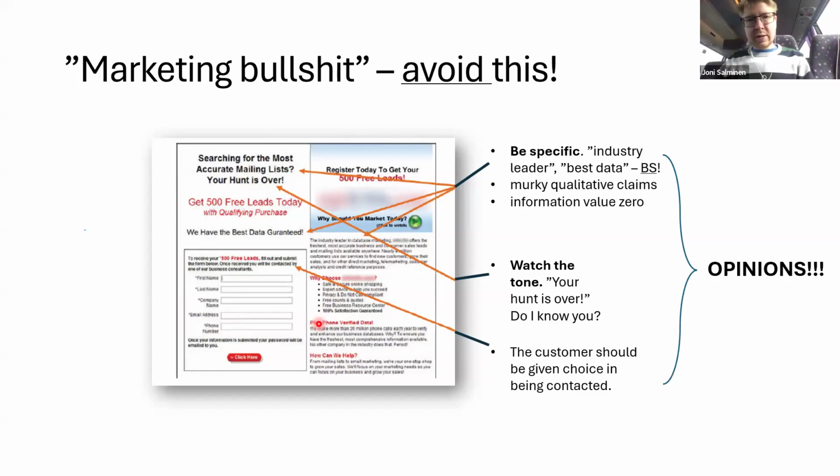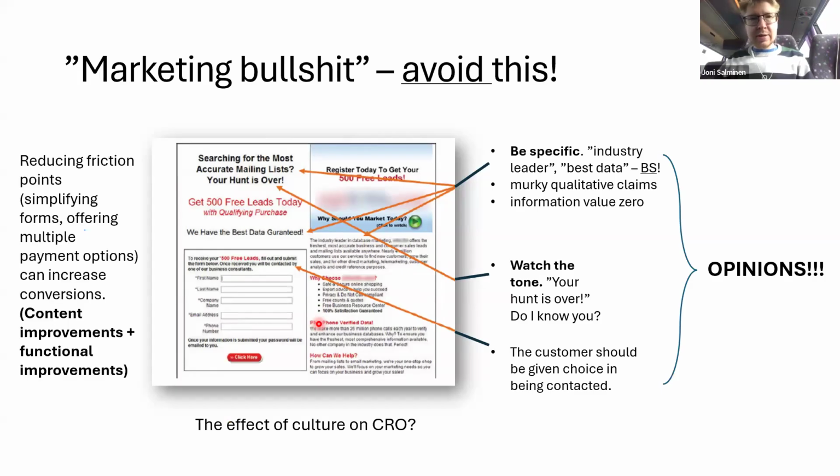So the idea to improve is to test, and how we test is making improvements in the content and also in the functions of the page. So you can make the form, for example, simpler, and remove the hype with more specific terms.